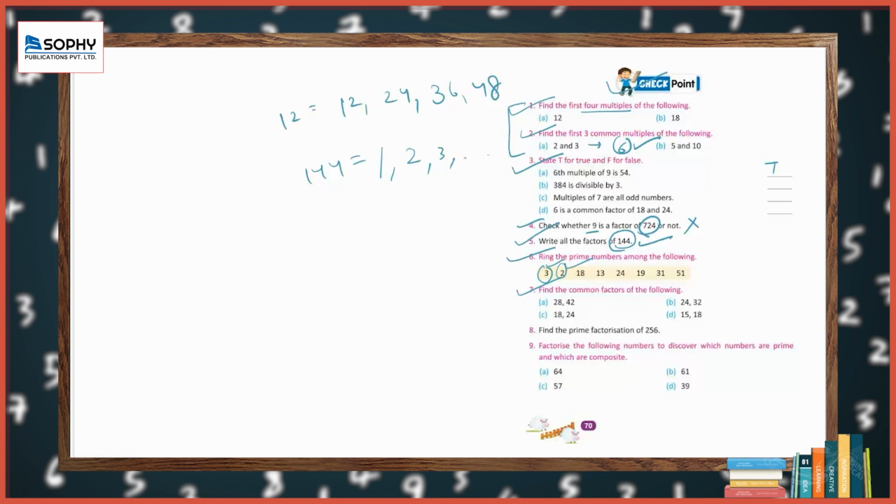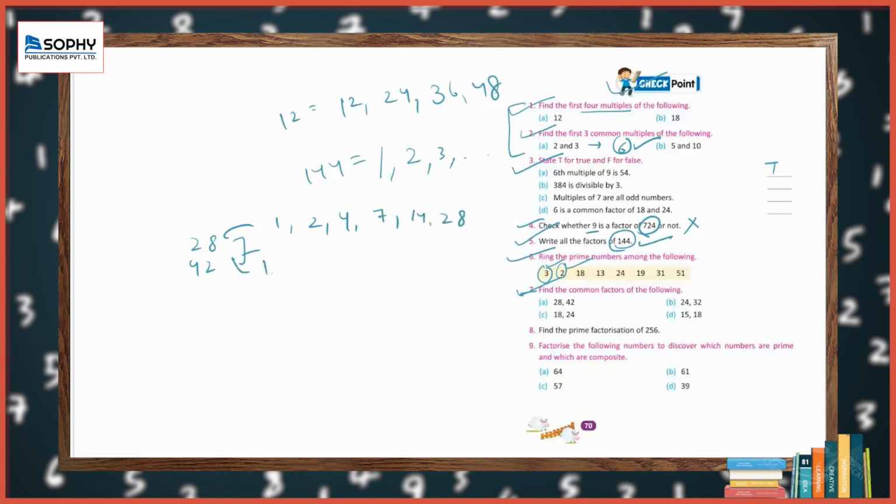In the first part, 28, and here we will write 42. The factors of 28 are, very good students, 1, 2, 4, 7, 14 and 28.